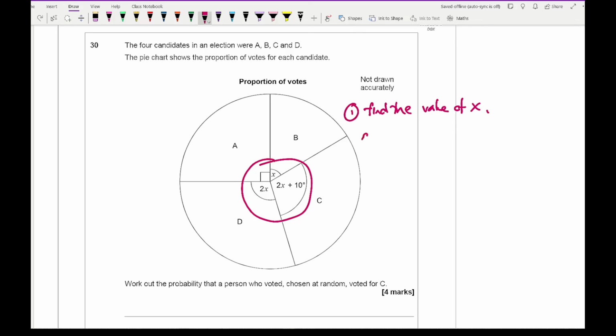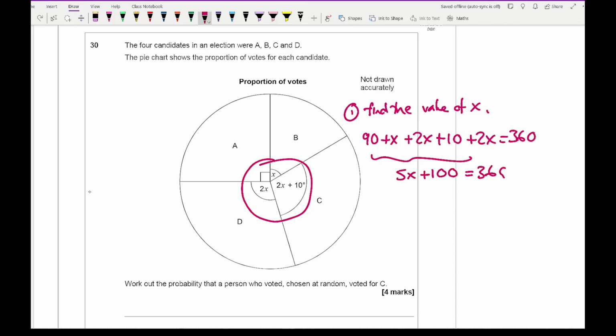So I've got 90 plus x plus 2x plus 10 plus 2x all add up to 360. If I neaten this up, x plus 2x plus 2x is 5x, so I get 5x plus 100 equals 360. I then get 5x equals 260. How many 5s go into 260? That gives me 52.